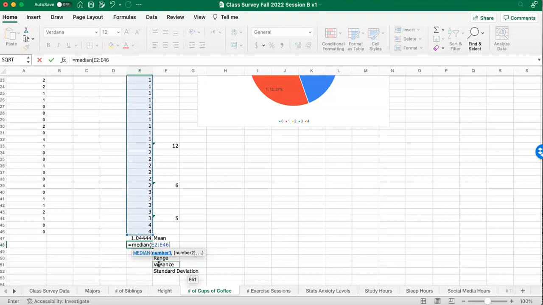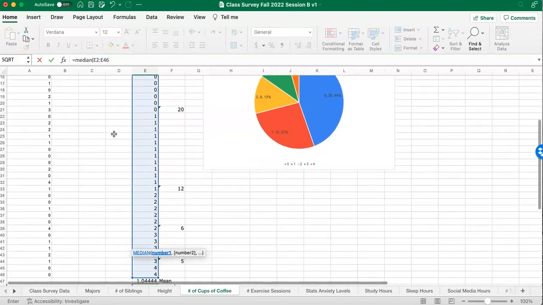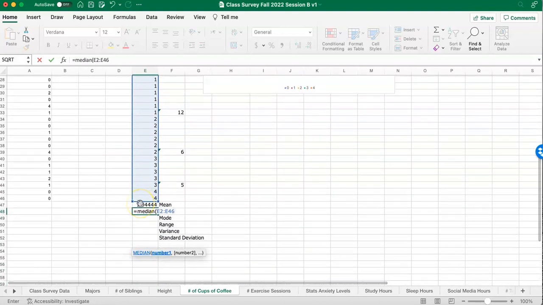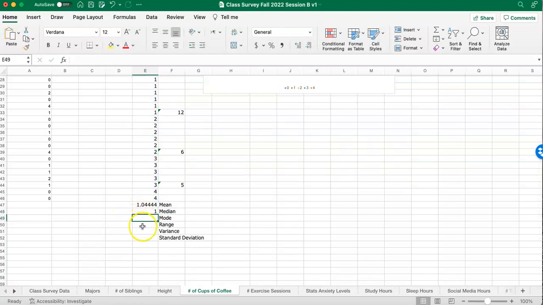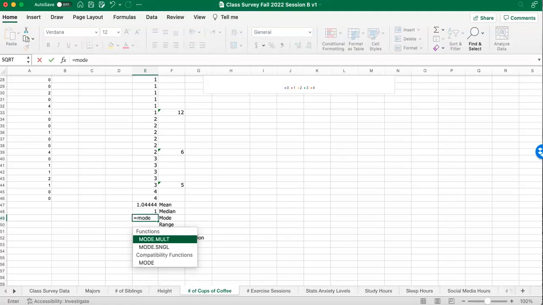You notice how everything was highlighted, just like we did before. You can just type that in if you can remember what the range is. The median is 1. Oh, okay, so this is a symmetric distribution. Yay!